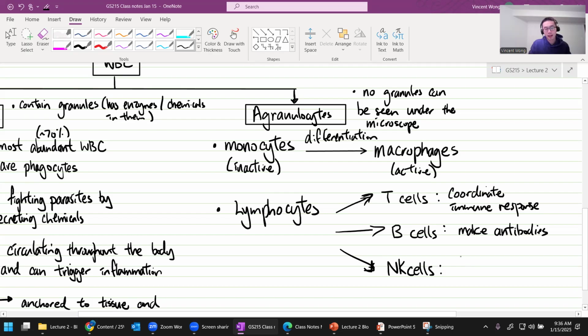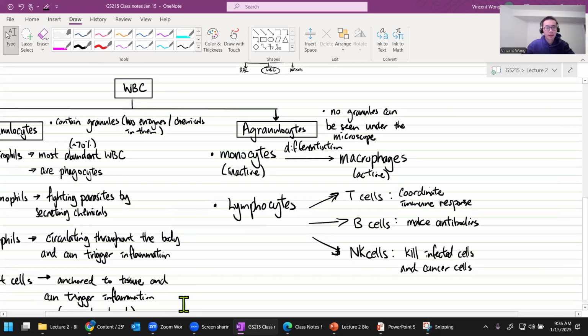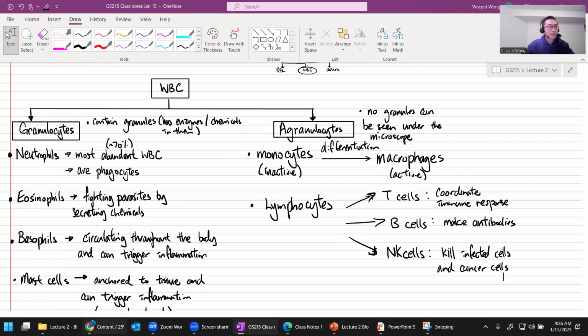That's actually what they're called, natural killer cells. Amongst other things, they kill infected cells and cancer cells. So there you have it.